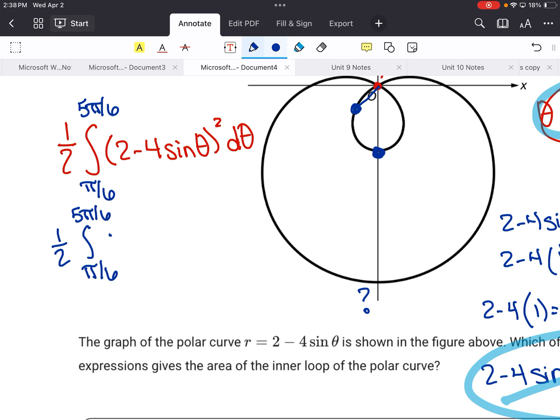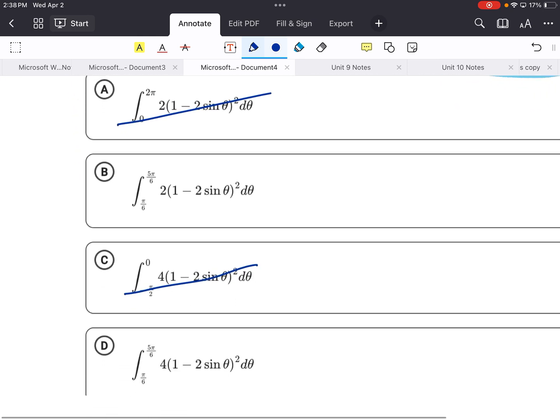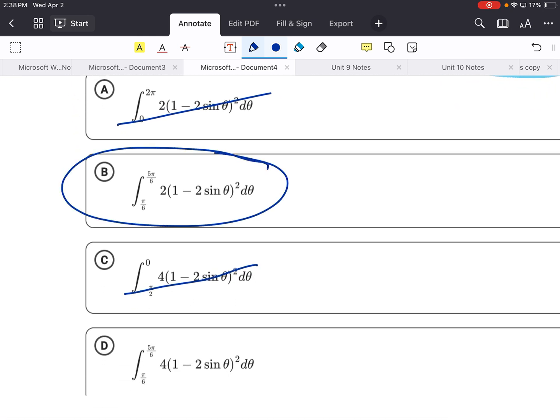So if you factor out a 2, then that would be 1 minus 2 sine theta squared. But 2 squared is really 4. And then half of 4 is really 2. So that's where the 2 came from. And this one is the correct answer.